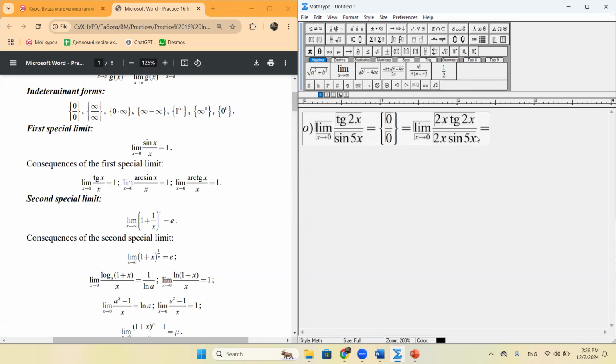So 2 tangent x by x. So just the ideal variant of how to write it, as the product of limits. So how will it look?